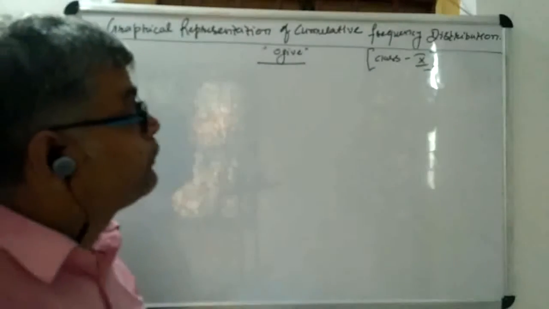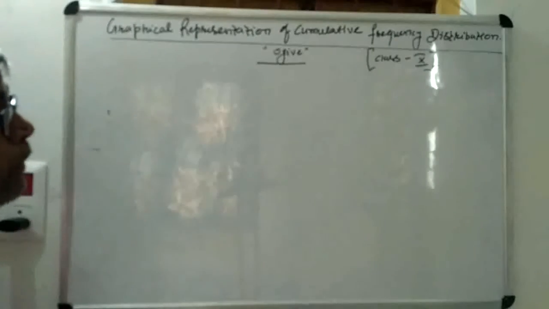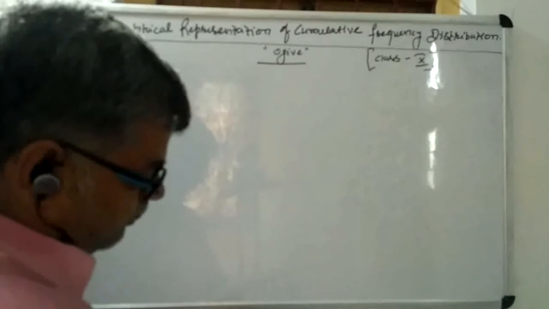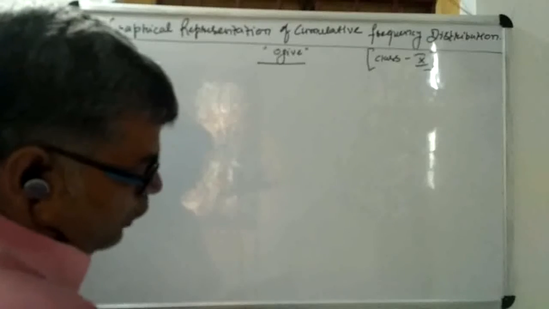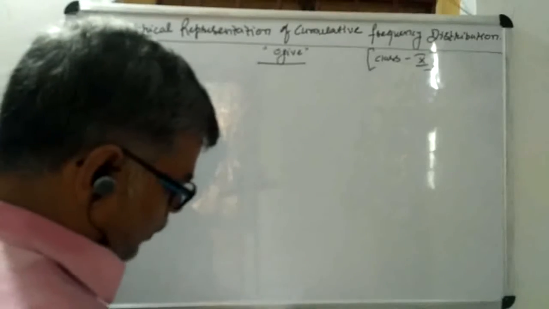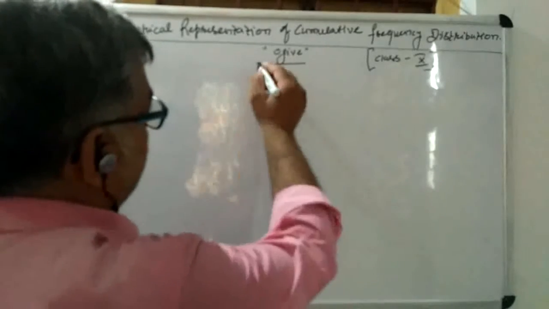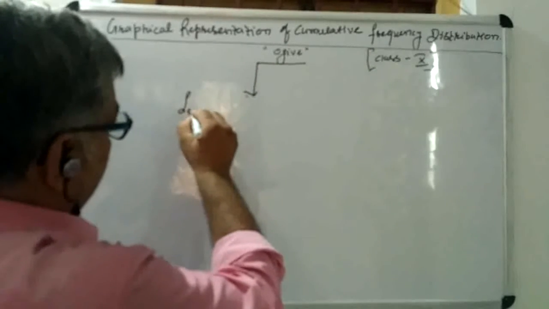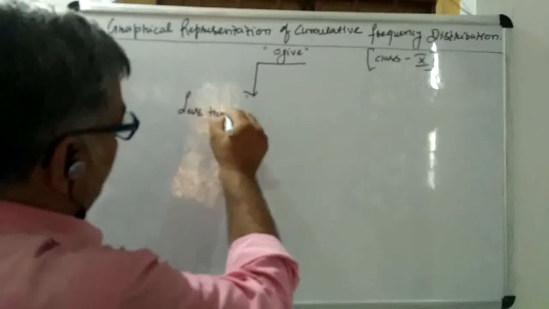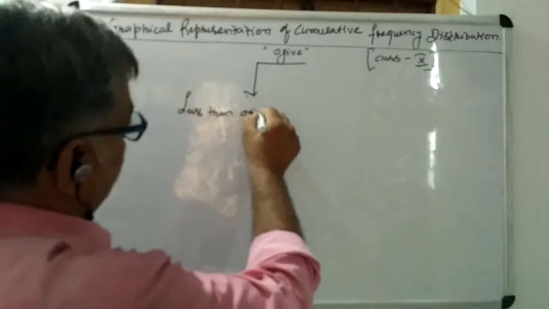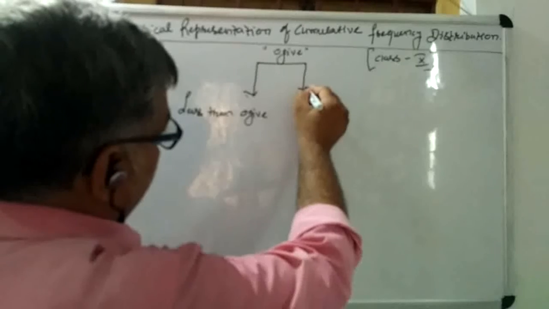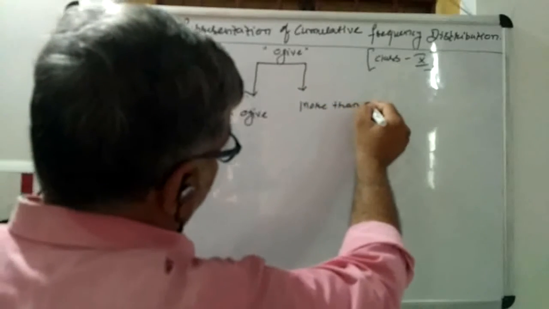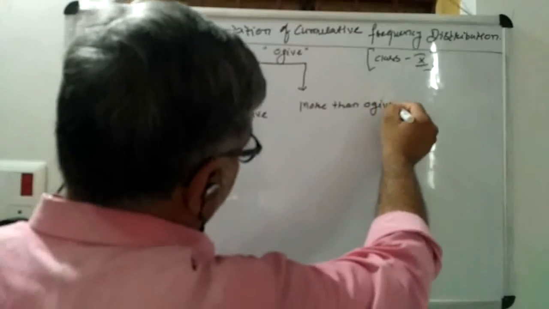There are two types of ogive or cumulative frequency graph: the less than ogive and the more than ogive.